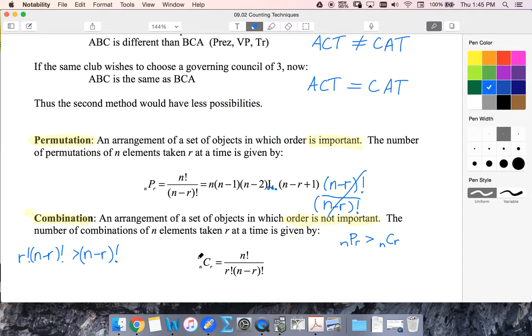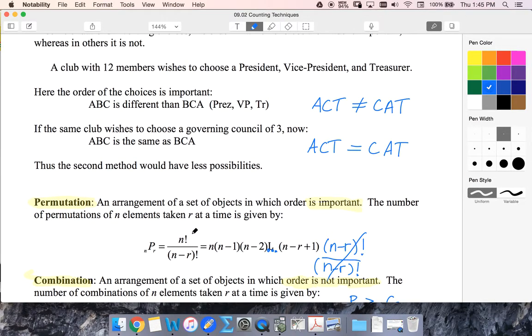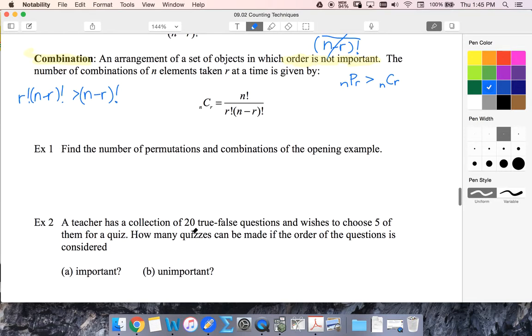So let's think about our formulas for our 12 students, and we're picking president, vice president, and treasurer. We have 12 choices for the president, then someone gets picked, we have 11 for vice president, and we have 10 left for treasurer.